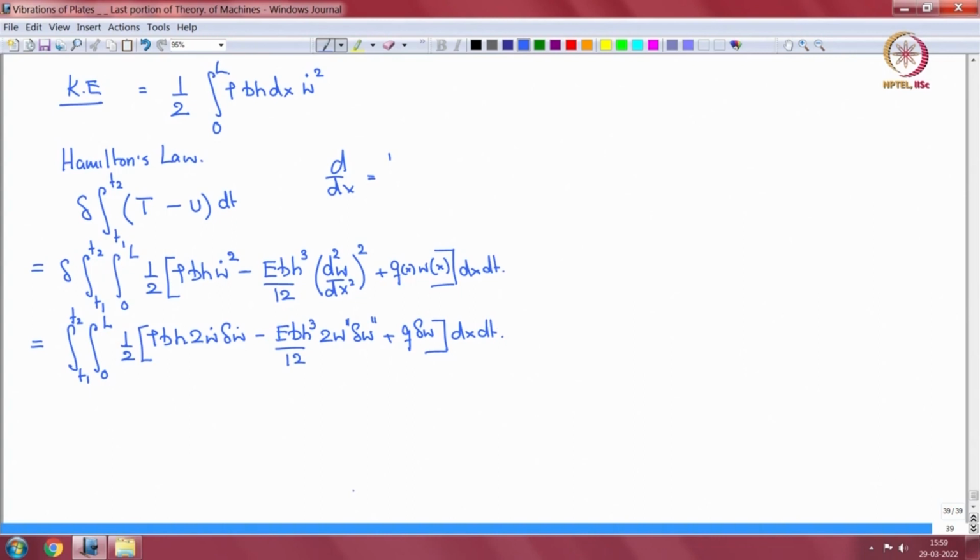Now as is standardly done, we will start transferring derivatives from the variational term to the original term. So what do we get here?